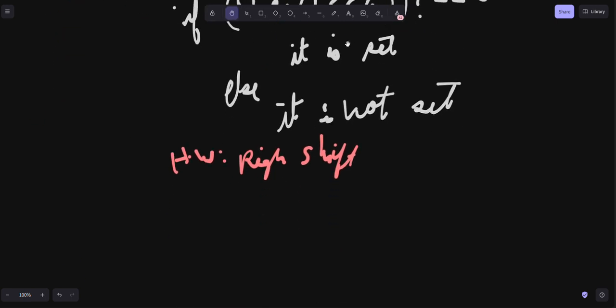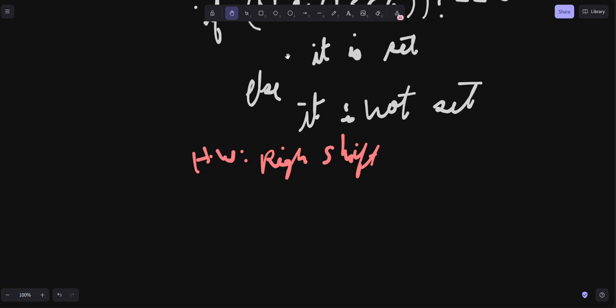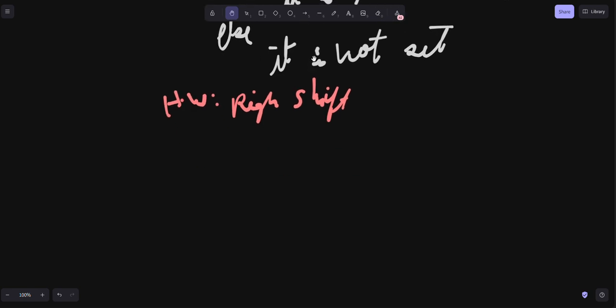And please, after getting this, do the same with the right shift operation. It's very easy, really direct. The logic would be very similar.